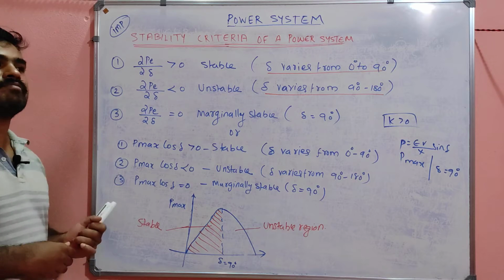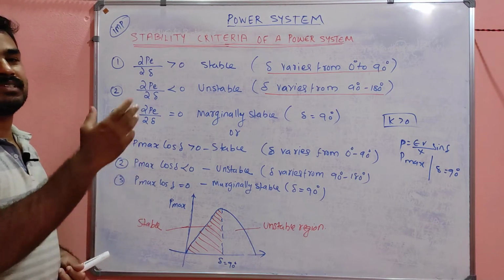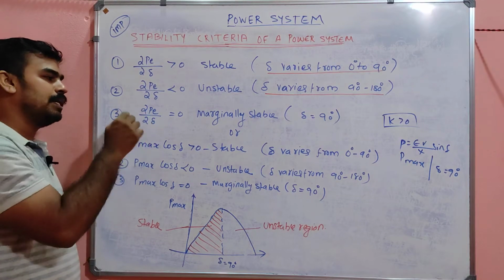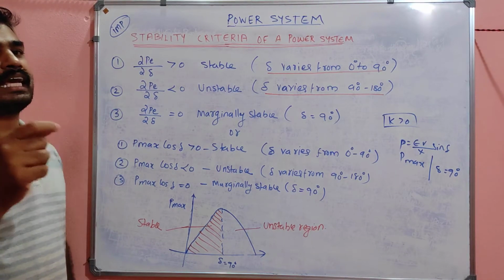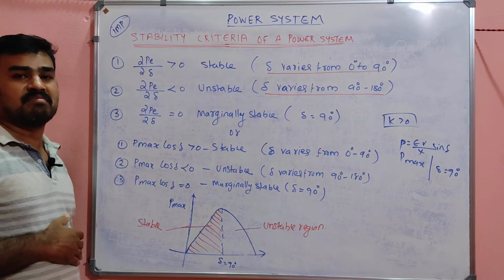Then if dou P by dou del is equal to 0, that is, the value of k is equal to 0, my dear, we can say that the system will be marginally stable.